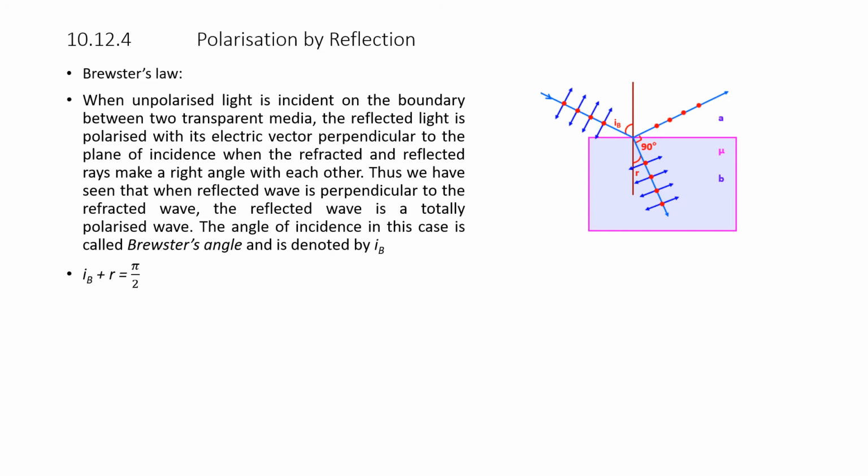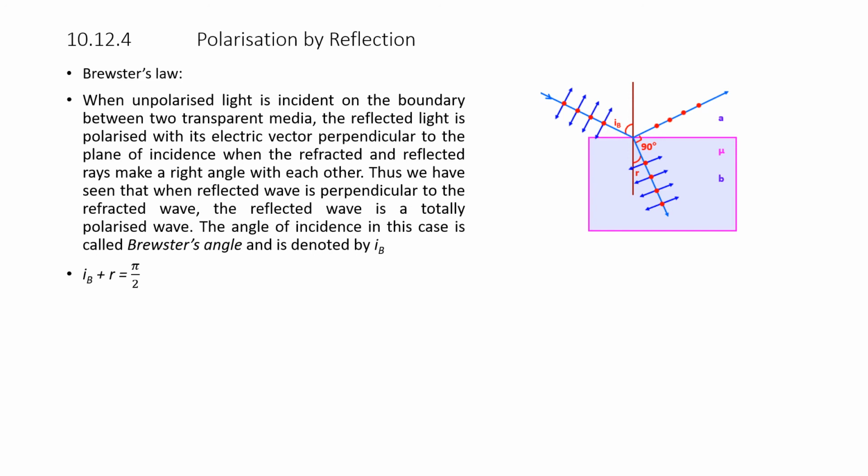Thus, we have seen that when the reflected wave is perpendicular to the refracted wave, the reflected wave is totally polarized, and the angle of incidence in this case is called Brewster's angle, denoted by i suffix b.